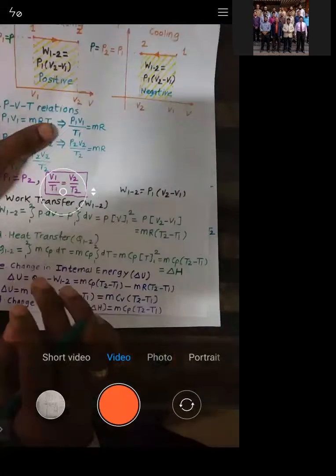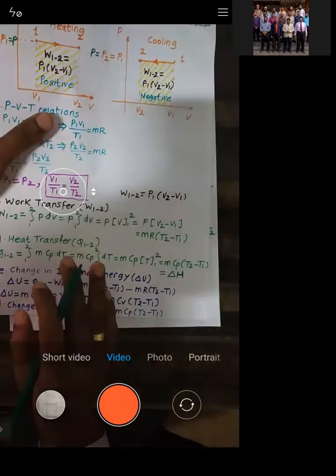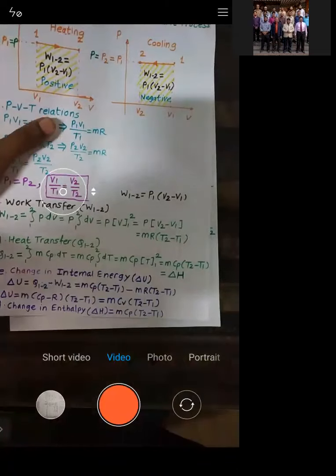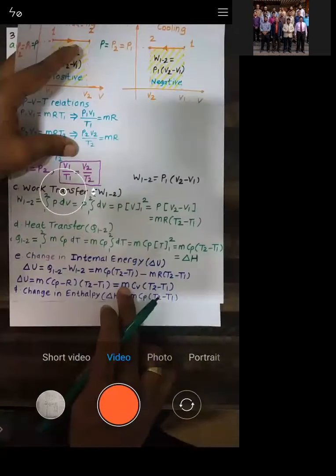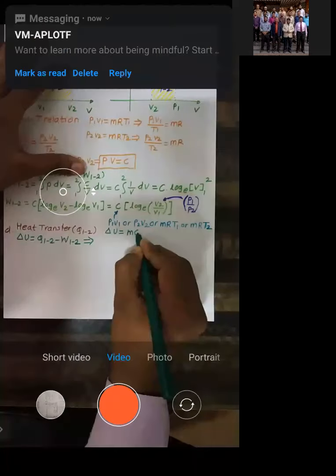The formula for change in internal energy and change in enthalpy is the same for any process. And what was that formula? mCv into T2 minus T1.